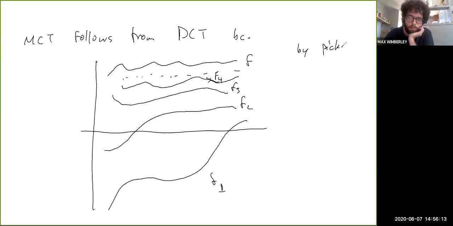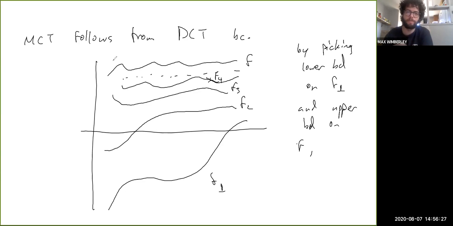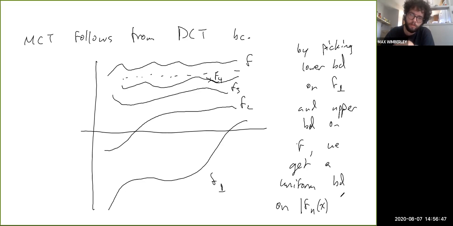So by picking a lower bound on F1 and an upper bound on F, right? F sits above all of them, and F1 sits below all of them. So just picking an upper bound on F and a lower bound on F1 gives us a uniform bound on the absolute value of Fn of x for all n and for all x in A, B. And so then use the dominated convergence theorem with that bound, right?